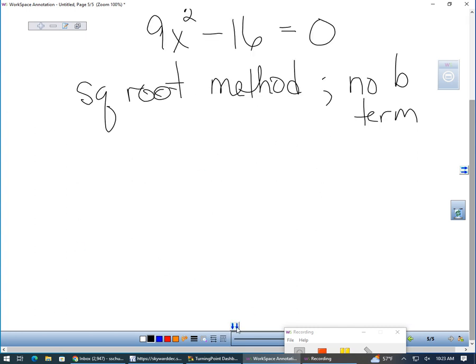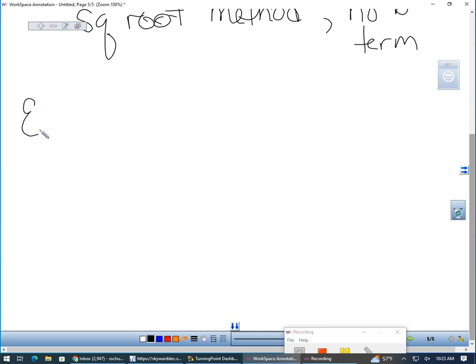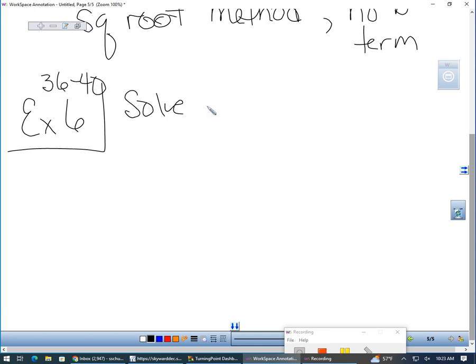All right, example number 6. Now I'm going to skip a few problems for a second, and I'll come back to them in a minute. It's one other thing we need to learn today. So, example number 6 is going to cover your 36 through 40. Solve using any method.